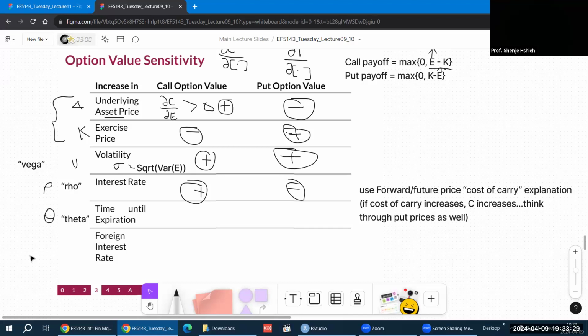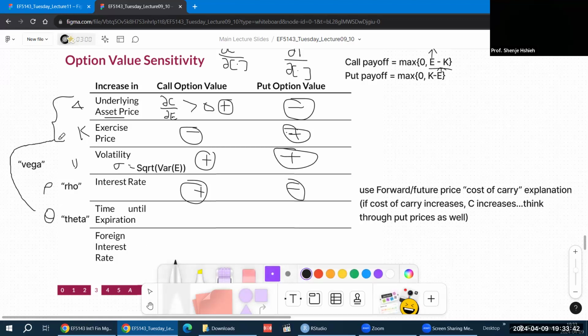All right, time until expiration, theta is called theta. So there's a sensitivity of the call price or put price with respect to T now. So this idea is very much related to this volatility idea. So volatility, if it's very volatile, then over a fixed time horizon, there's a higher chance that the underlying asset would fall below or above the strike price, right?